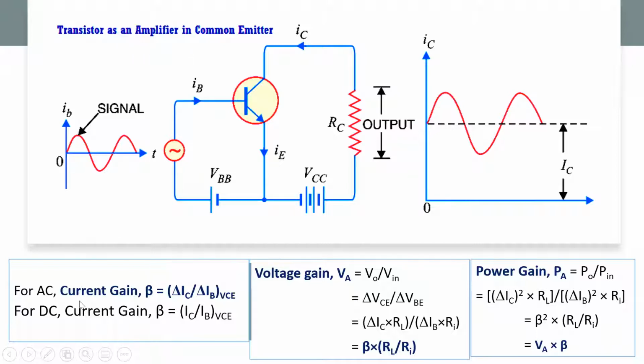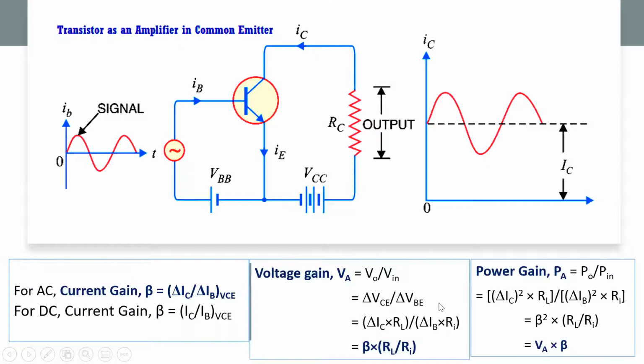Now, it's not only the current gain, voltage is also gained. So let us see how much is the voltage gain. Voltage gain means output voltage by input voltage. Output voltage means the voltage VCE, the voltage between collector and emitter, divided by the voltage between base and emitter.